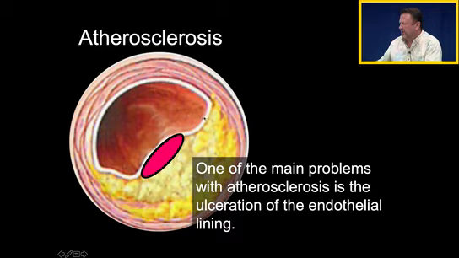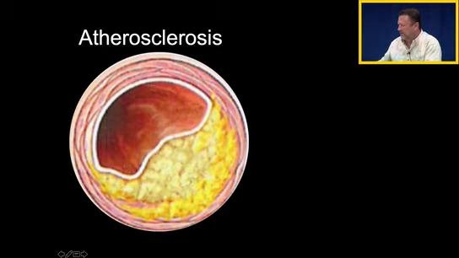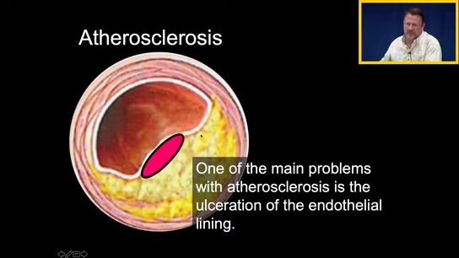And so it's a little bit better health than this endothelial lining right here that's sitting against the atherosclerotic plaque. It's not healthy, and something it'll do is break away. It'll ulcerate. And so one of the big problems we have with atherosclerosis is ulceration of the endothelial lining. I think the first time I said that, there was this confused look in the front row. And so now it's like, oh, we've heard it twice.